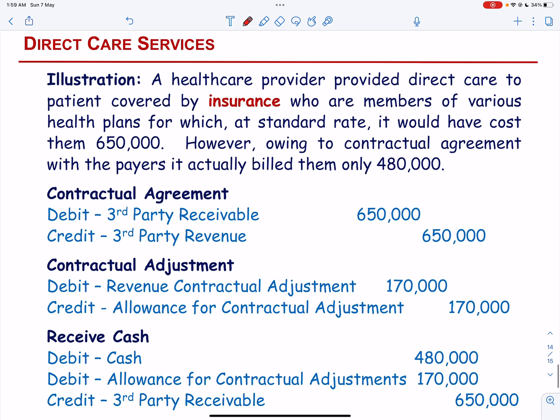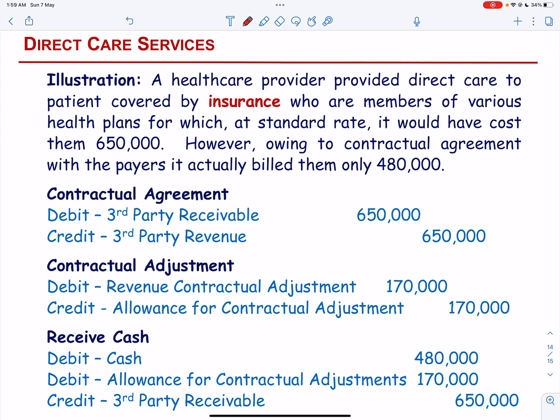Let us look into another illustration. A healthcare provider provided direct care to patient covered by insurance. Now here the patients are not paying themselves. We are going to bill a third party who are members of various healthcare plans, for which at standard rate it would have cost us 650,000.